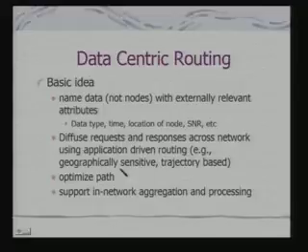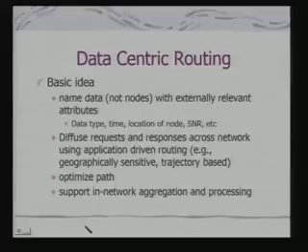This application driven routing can be geographically sensitive, can be trajectory based, because I might like to route the packets along a trajectory. The example of tracking is typically a case when I have detected a particular target and I have got that information in the packet I am trying to send along.